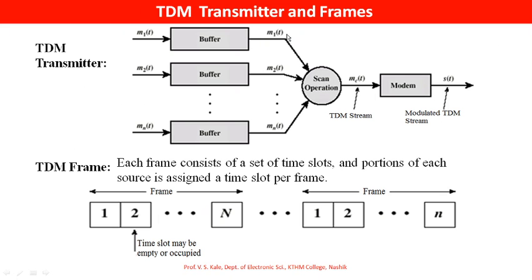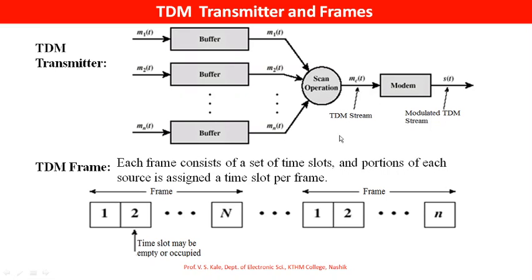Let us see the block diagram of the TDM transmitter and the meaning of frames. The TDM transmitter consists of these signals M1T, M2T, MNT. These are given to the buffer, so here data is stored, and M1T is scanned for a fixed time slot, then it goes to M2T, and the last one is MNT.